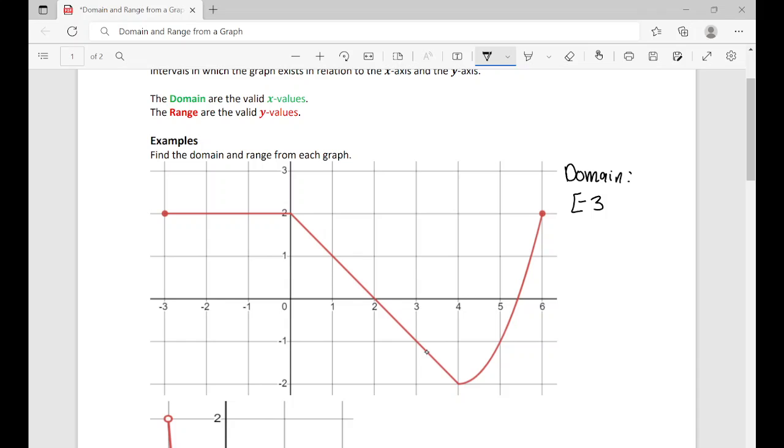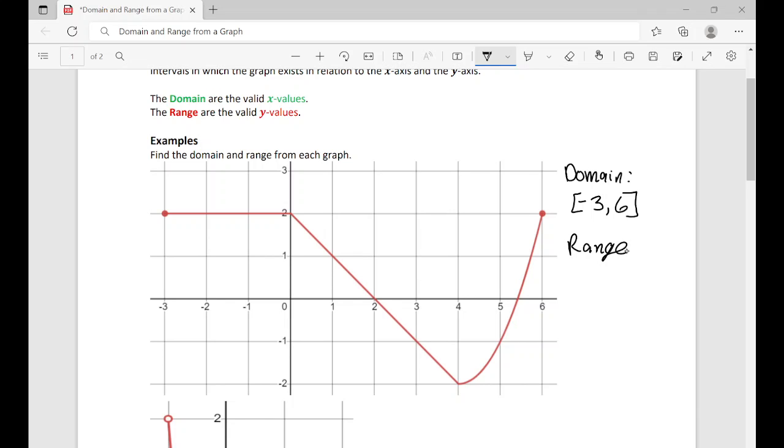There's no gaps, there's no jumps, there's nothing. It just keeps on going uninterrupted until it gets to this point, its end point. In this case, at 6. And again, it's a closed circle at 6, so we say 6 bracket. So the domain of this graph here runs from -3 to +6 along the x-axis.